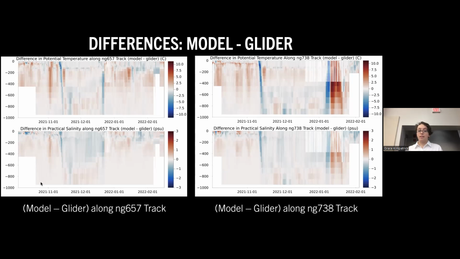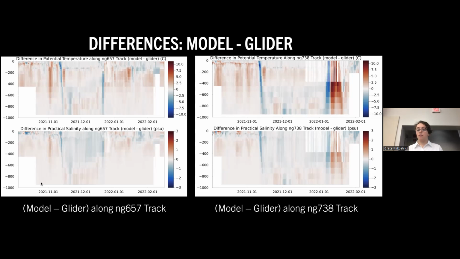But in NG738, this is on the right, this is not quite the case. There's an area of pretty significant divergence between roughly January 1st and January 18th. You can see with the color bar, areas in red represent areas where the model overestimated what the glider said, and areas in blue are where the model underestimated it.